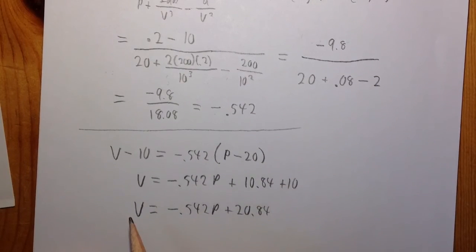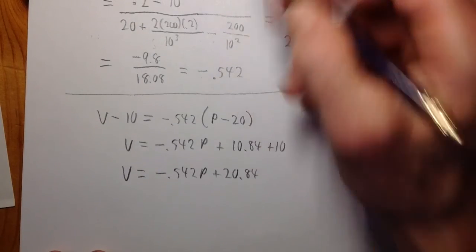The real volume is tricky to find, so this is an approximation to the volume. Now we just plug in P equals 19.